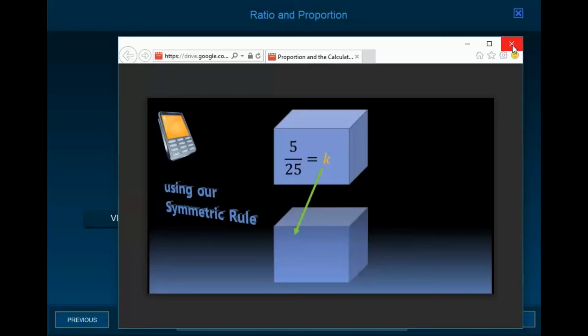k can be written first, and on the other side of the equation, we can place 5 over 25.